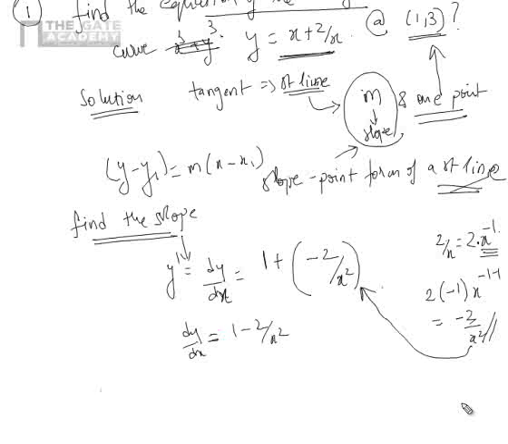Now at (1, 3), dy by dx is 1 minus 2 by 1 square, which is nothing but minus 1. So this is the slope at that point.